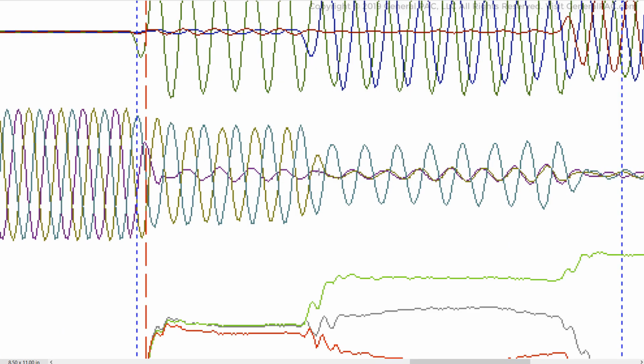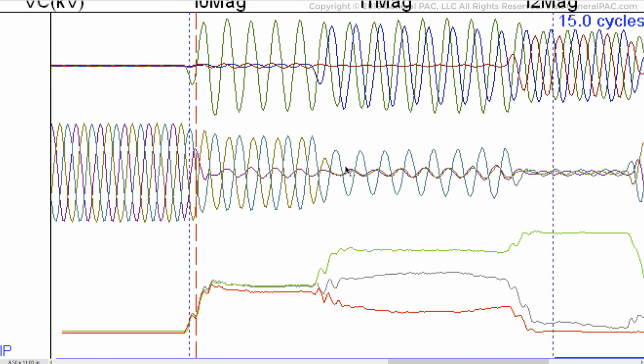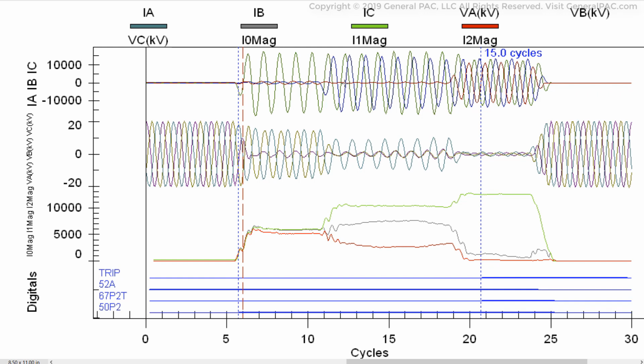So both the purple and the green right here, there's a voltage depression there, and the teal is the phase C voltage. So that is depressed, but not as much as purple and green, which is phase A and B voltages. So we can confirm right here that this is a two-line to ground fault.